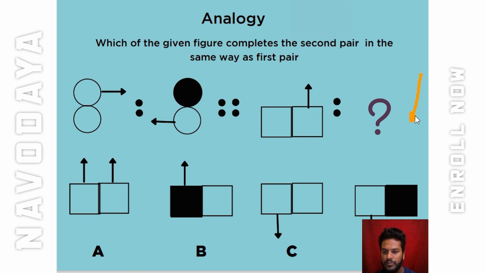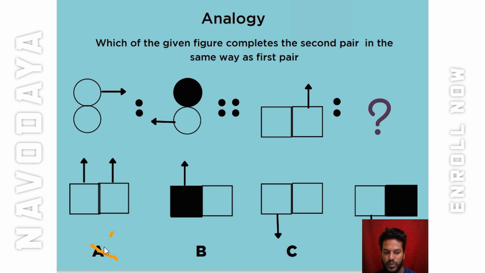The arrow should be down. So now the answer is very clear. We need to observe which of A, B, C, D shows a downside arrow, because in the question figure we have upside.